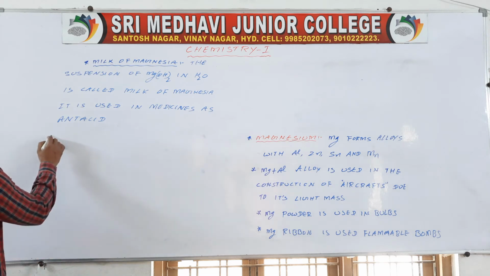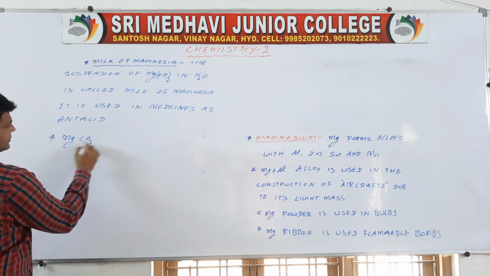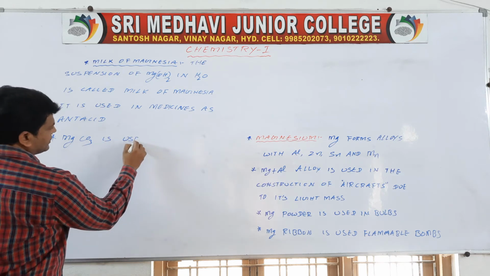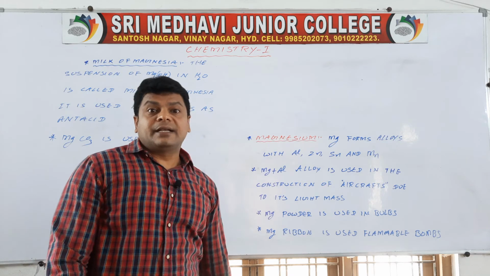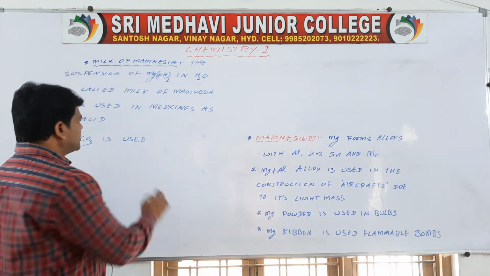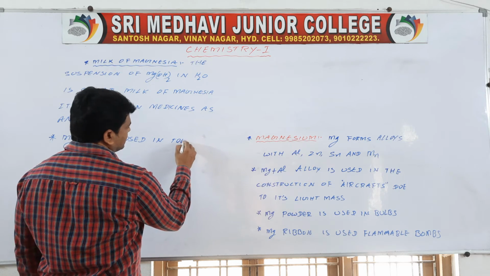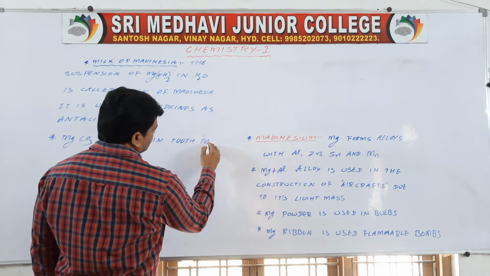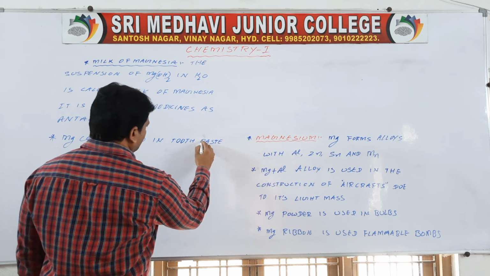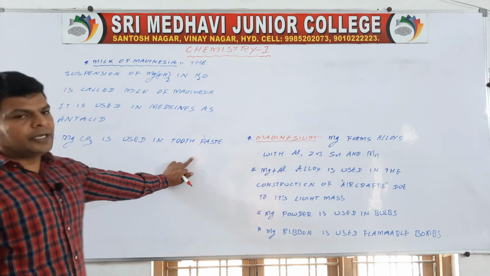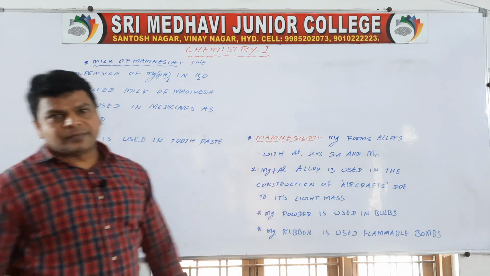And magnesium carbonate is used as an ingredient of toothpaste. So magnesium carbonate is used in toothpaste. So these are the uses of magnesium.